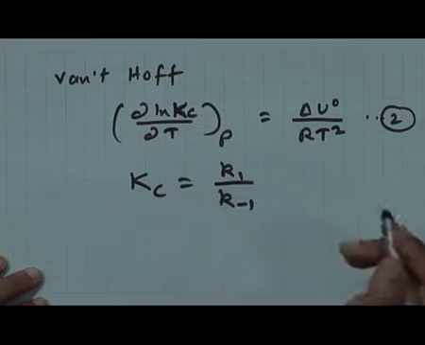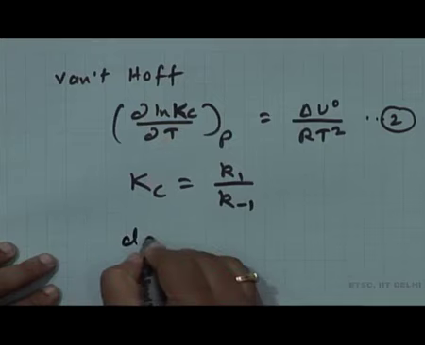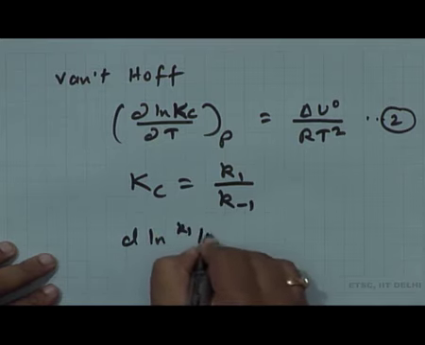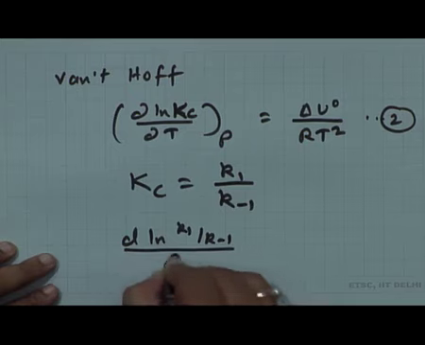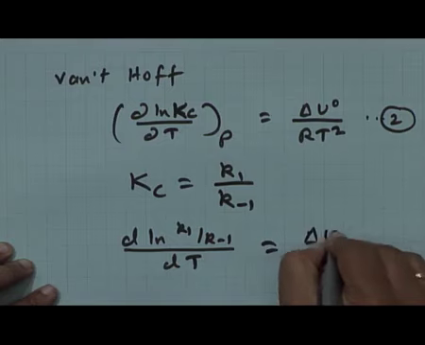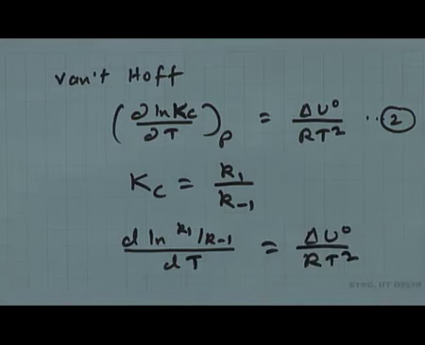So I will remove the partial derivatives, and then I can write d ln (k1 over k minus 1) over dT is equal to ΔU⁰ over RT².